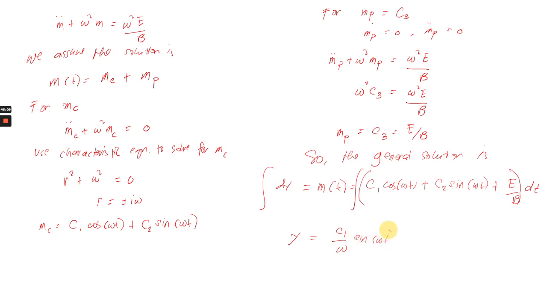But the integral of sine is negative cosine, so minus c2 over omega cosine omega t plus E over B t, plus another constant, c3. So this would be the y of t solution. This is y of t.